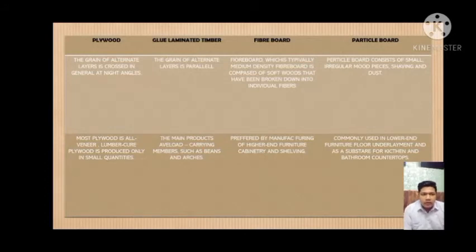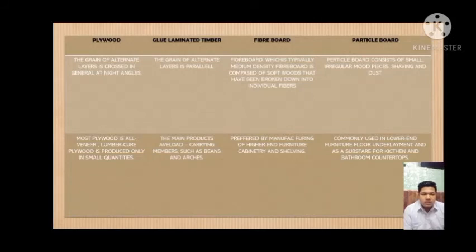Next product is fiberboard, which is typically medium density. Fiberboard is composed of softwood that has been broken down into individual fibers. It is preferred by manufacturers of high-end furniture, cabinetry, and shelving.